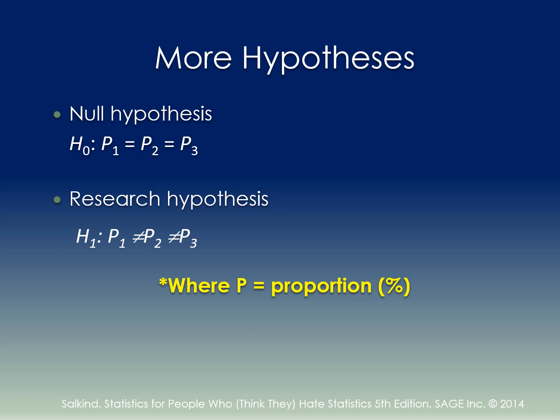The null hypothesis states that if I've got three different categories, the proportions in each one are going to be equal with one another. The research hypothesis says, no, we think there's actually going to be a difference in the proportions across each one of the categories. If the difference is larger than the equals, then we can say that there's a significant difference in the pattern of frequencies that we've seen.